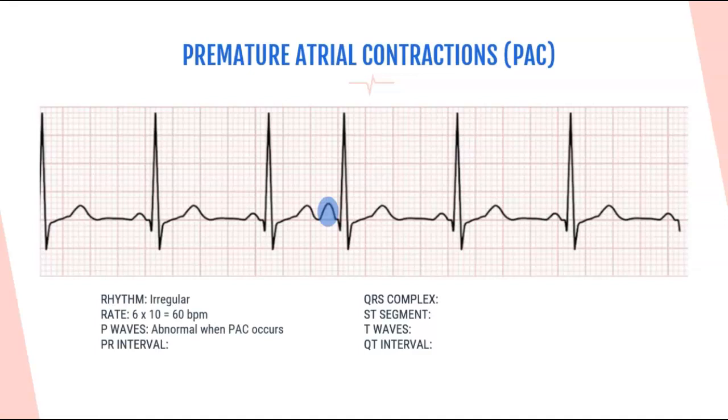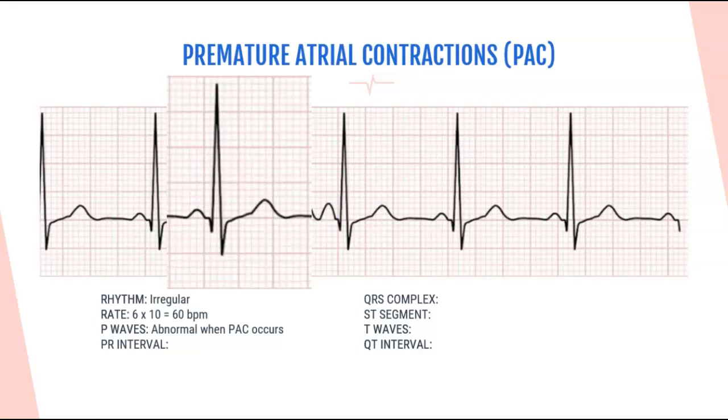P waves are round and upright throughout until the abnormal PAC occurs. Our PR interval is about 3 small squares. Multiply that by 0.04 gives you 0.12 seconds.